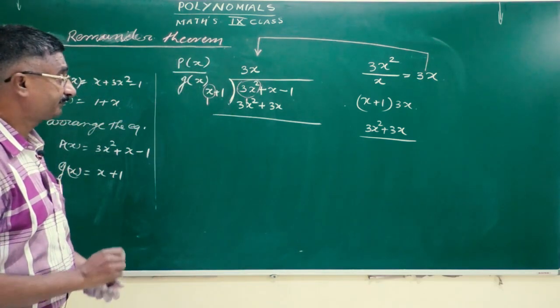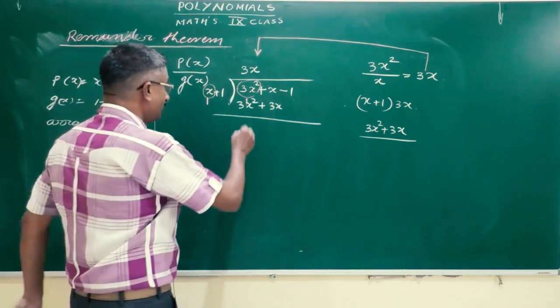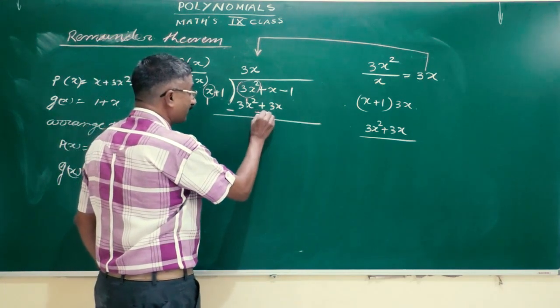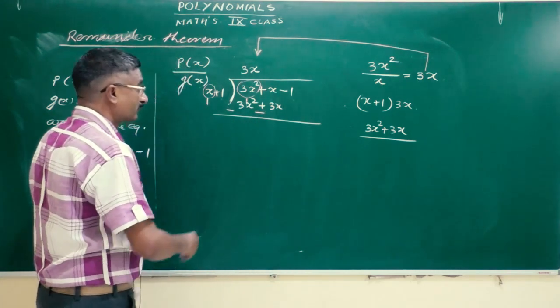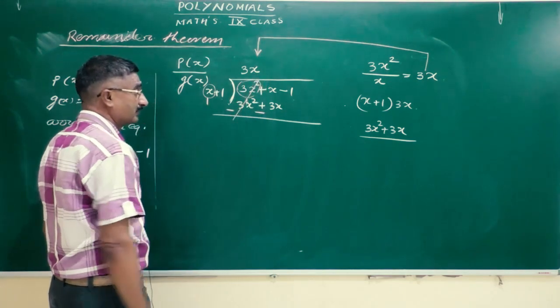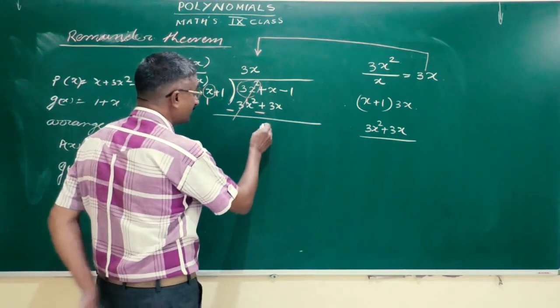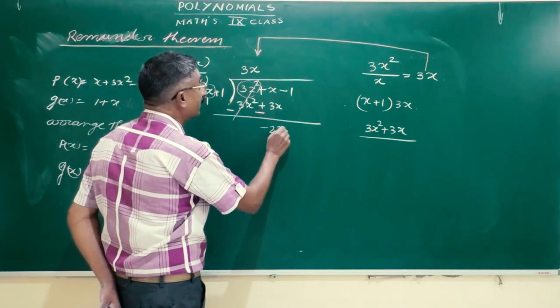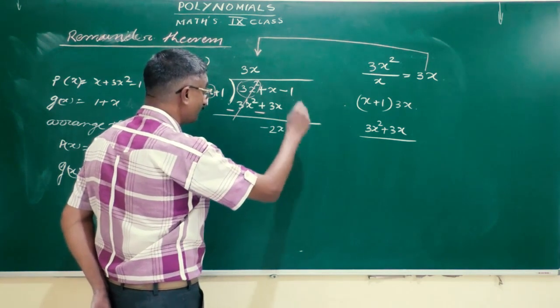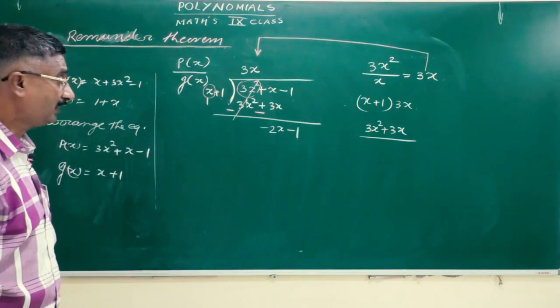The step is clear. Subtracting, minus minus, so this is cancelled. Remainder is minus 2x minus 1.